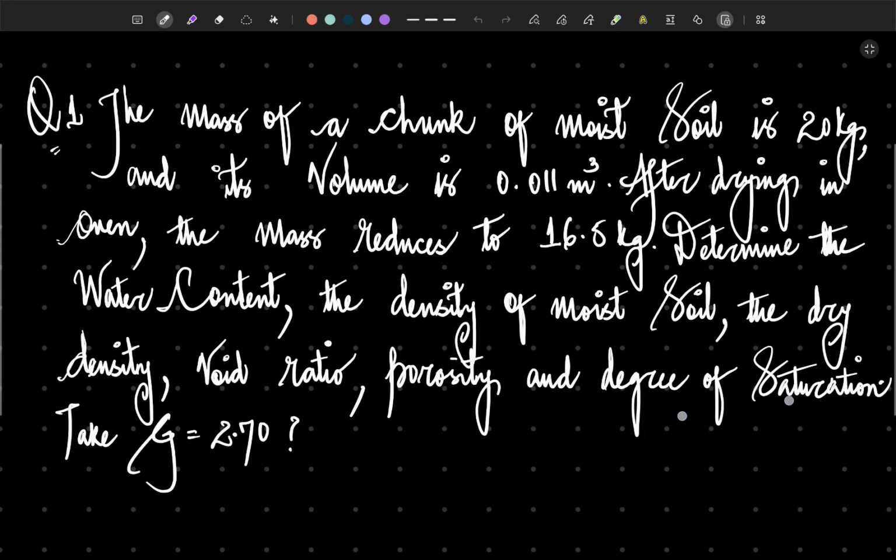First question is, the mass of a chunk of moist soil is 20 kilograms and its volume is 0.011 cubic meter. After drying in oven, the mass reduces to 16.5 kgs. We have to determine the water content, the density of moist soil, the dry density, void ratio, porosity, and degree of saturation.